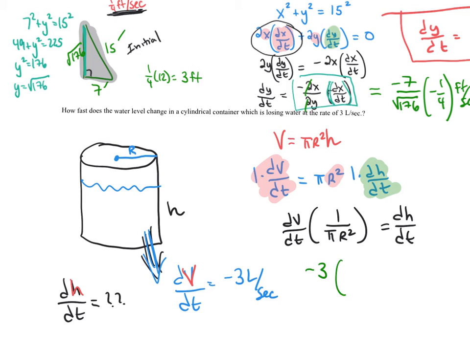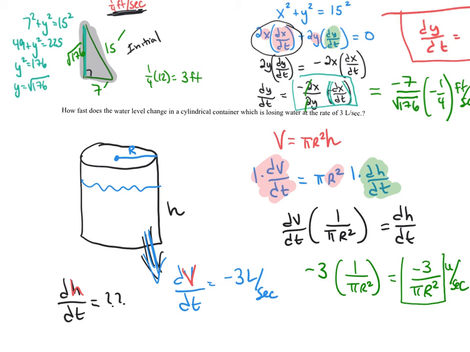So our final answer is going to be -3 over pi r squared. And since the r is a constant, we'll just say it is that. And I don't really know what this is measured in. It could be centimeters, it could be whatever it is. So we'll just say units per second. So if the radius and height are measured in centimeters, it'd be centimeters per second. But in this case, we'll just say units.